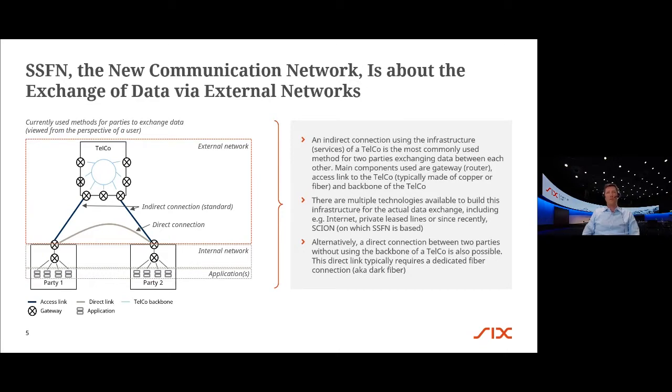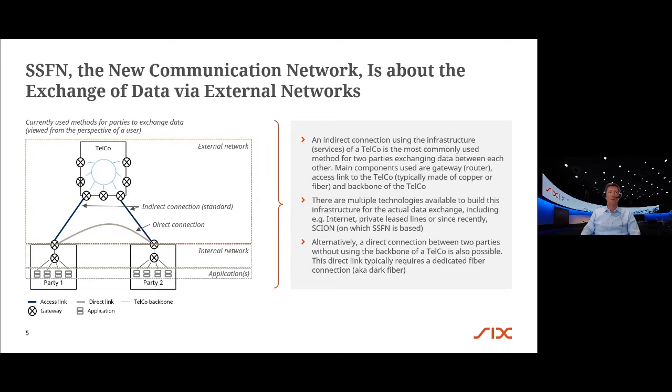So what we have today, and most of you are SIG participants, so of course you know your application very well. But if you want to communicate with that application with SIGs, then obviously you first go through your internal network, and then you have to go over an external network. We've got principally two options.